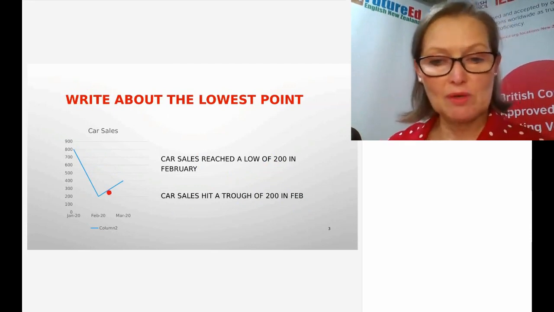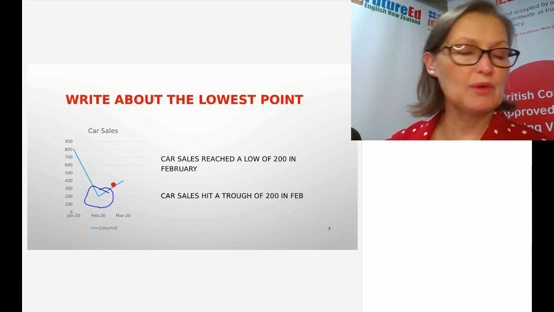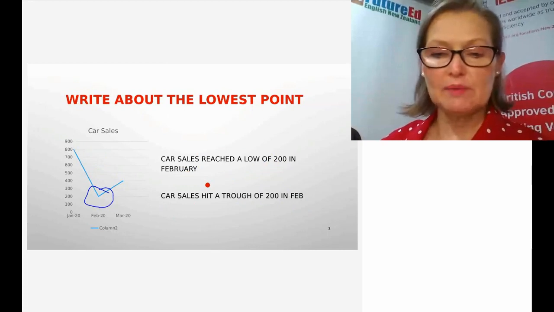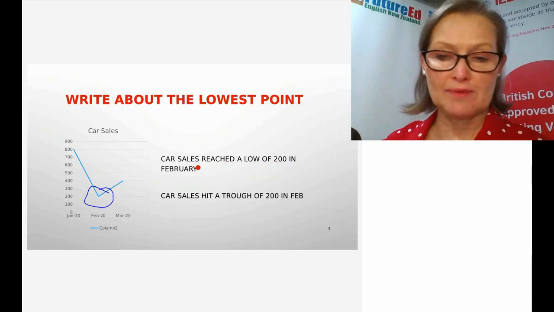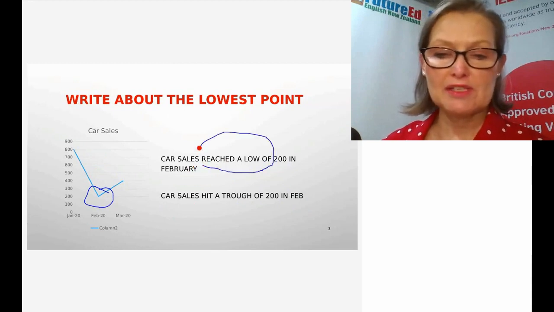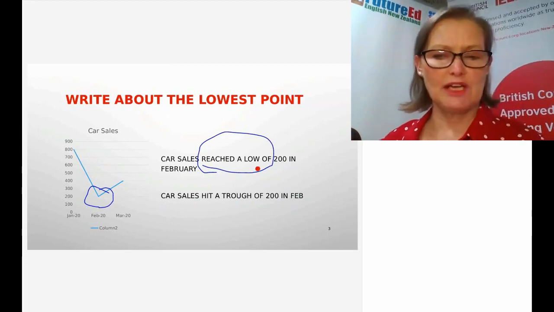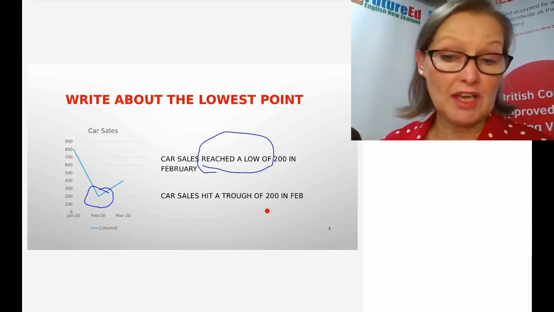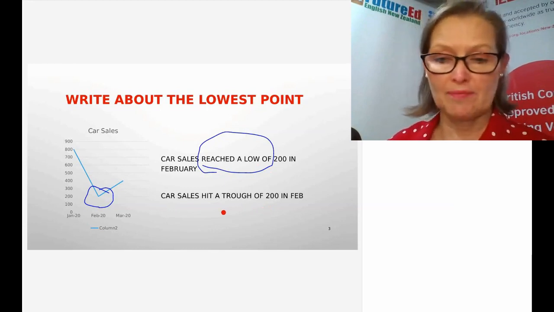Here we want to be able to talk about the lowest point on our graph, which is also notable and definitely we need to mention. And here we can say car sales reached a low of 200 in February. So once again, there's that verb reached a low of, or I could say car sales reached a low point of 200.